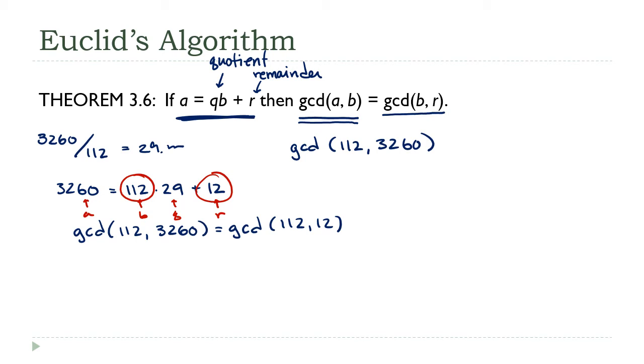So now I'm going to say 112 divided by 12 is 9 and some decimal part that I don't care about. So 112 equals 9 times 12 plus some remainder. And again, I can solve for that remainder, right? If you subtract 9 times 12, 108, from both sides, you get 4 for the remainder.